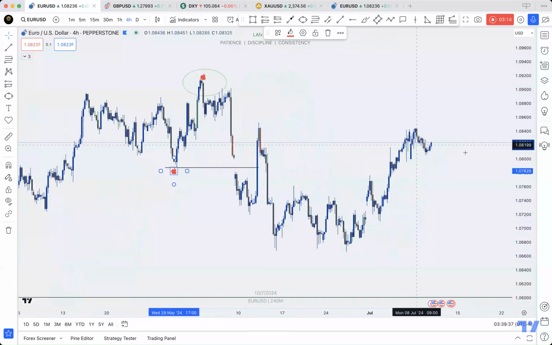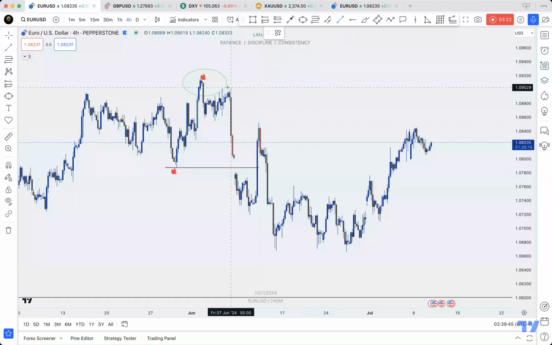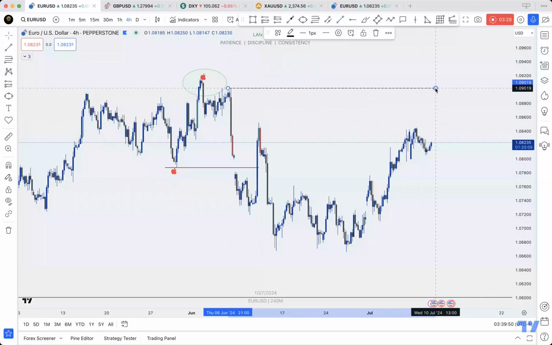Now, on the 4 hour, we have this high here, but it's not really valid. It's not a valid high yet, right? We need to take this high out. We need to sweep this liquidity before we can create our new lower high on the 4 hour.